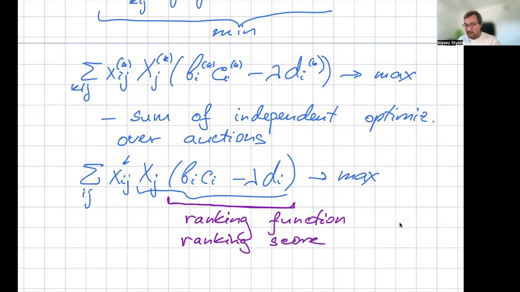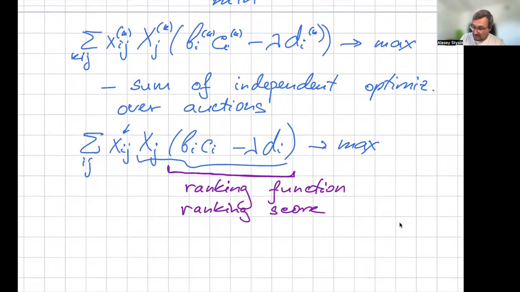The first thing that we can note is that we don't really want to allocate any candidate if this ranking function is negative, because this is not ever going to give us more value for the optimization function. So from here, we immediately see that first of all, we need to discard and not allocate any candidate that does not meet the condition of being non-negative.